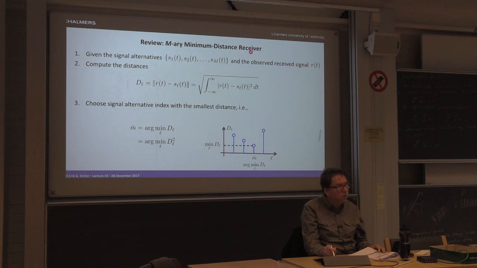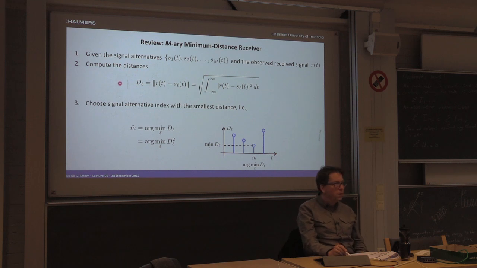Minimum distance receiver, this is what we would like to achieve. So if we have a number of signal alternatives, capital M, and observe the received signal, what we want to do then is first to compute the distances between the received signal and the possible signal alternatives. So we compute this for l equals 1, 2, 3, 4, up to capital M. And then we get a bunch of distances.